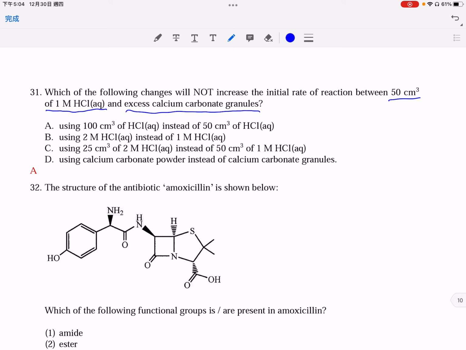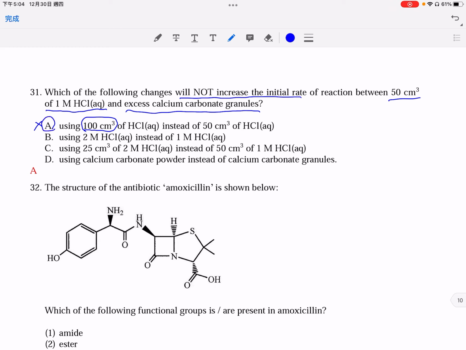So, please note that we will not increase the initial rate if you just increase the volume of the acid used. Actually, you cannot increase the rate of the reaction. So A is already the answer.